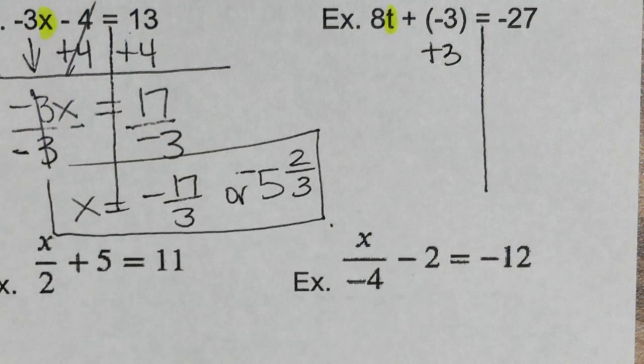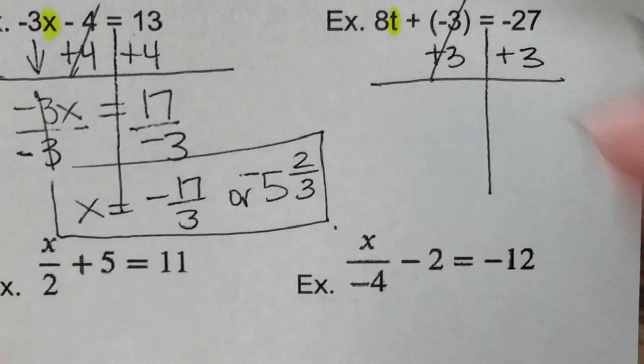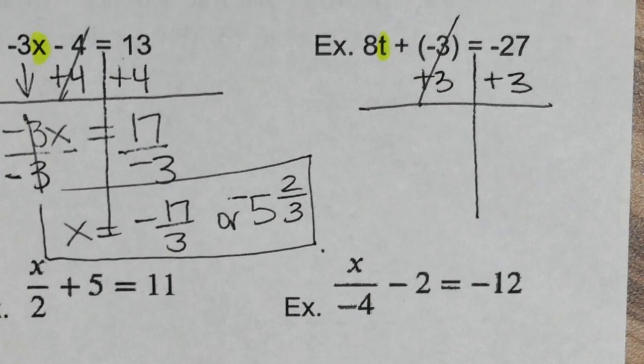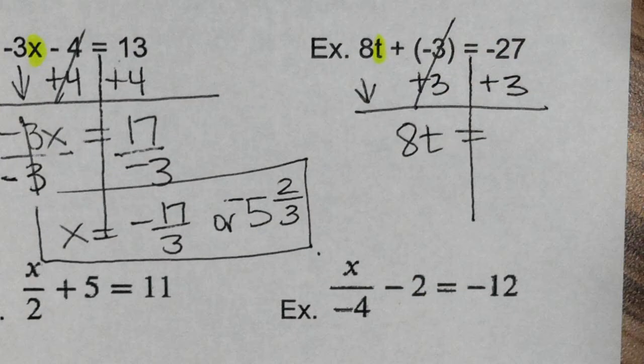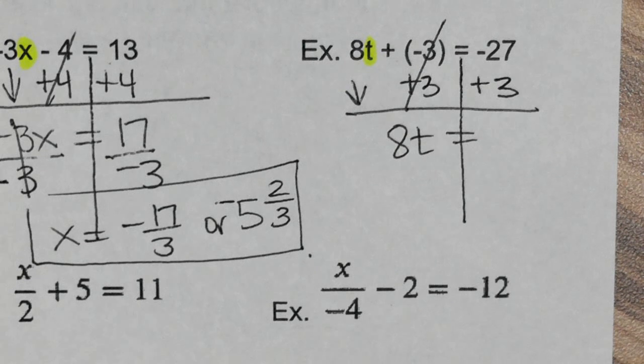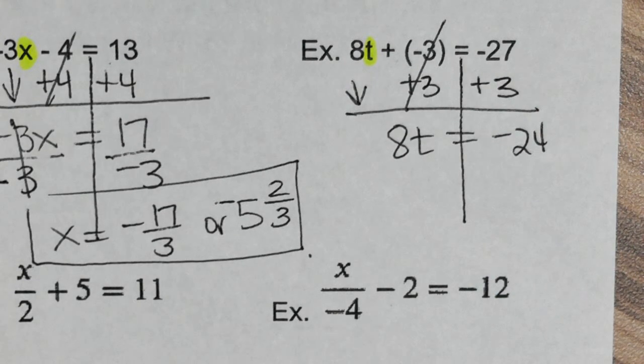You've got to think about what your goal is. You're trying to zero it out. So I got a plus 3. So I bring my 8t down, and negative 27 plus 3 is negative 24. And you'll have your calculator so that you don't mess up. Have I isolated the variable?